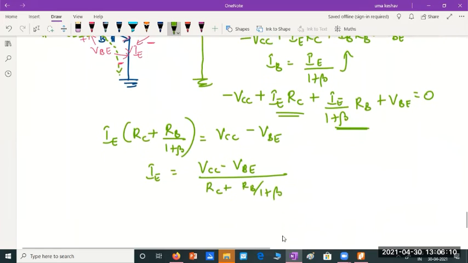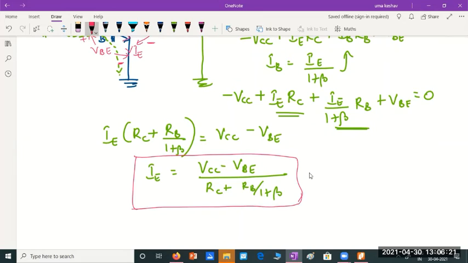Look at this equation. Isn't it almost similar to the equation which we got with the voltage divider bias? What is the change you are having between that equation? Instead of RE, we are having RC. That's all. There we had RE, here we are having RC. Instead of this RB, we had R Thevenin, the Thevenin's equivalent of R1 and R2.